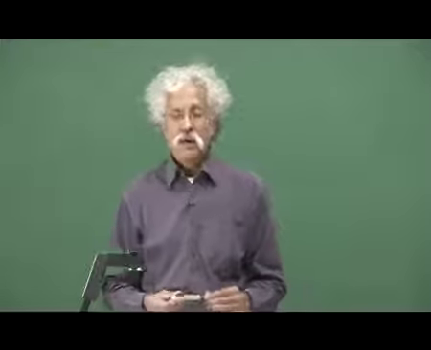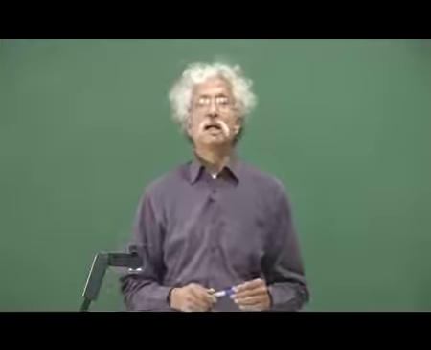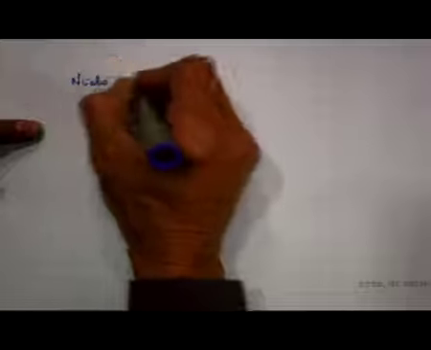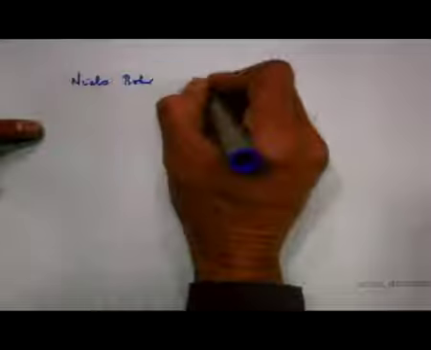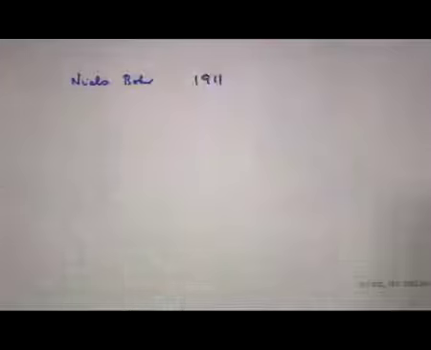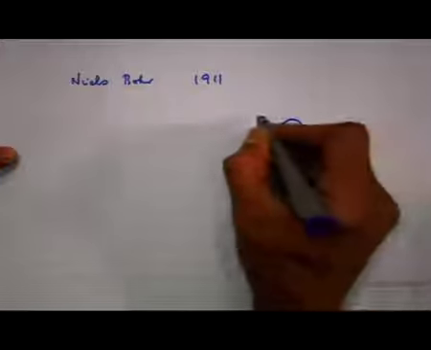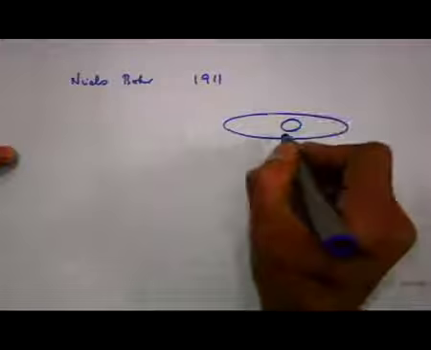So, we will consider a very simple model to understand the magnetic moment of atoms. This is the model which was proposed by Niels Bohr in 1911. An atomic model in which the proposal was, I have a nucleus and I have electrons revolving around the nucleus.